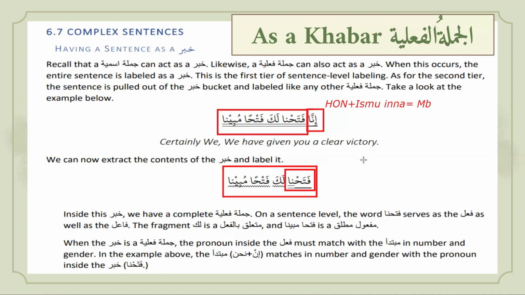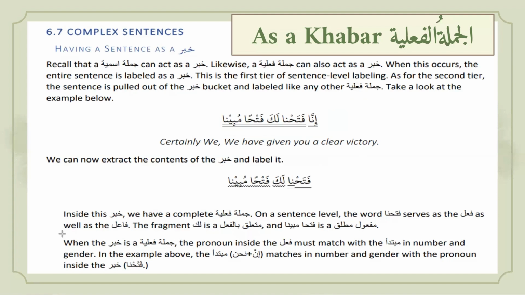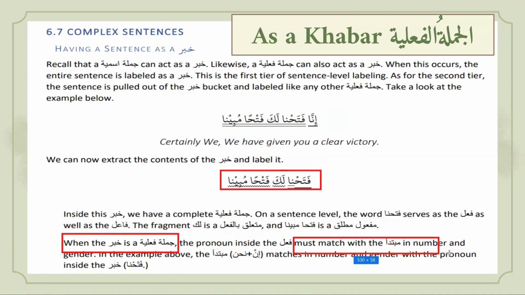When the khabar is a jumla failure, there is one rule which is very important and needs consideration: the pronoun inside the fail must match with the mubtada in number and gender. So over here in the mubtada, what did we have?